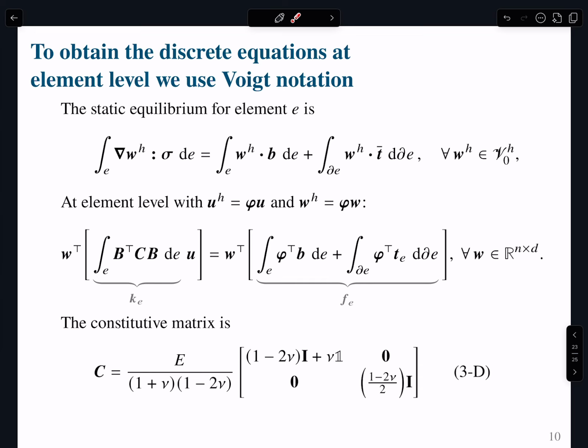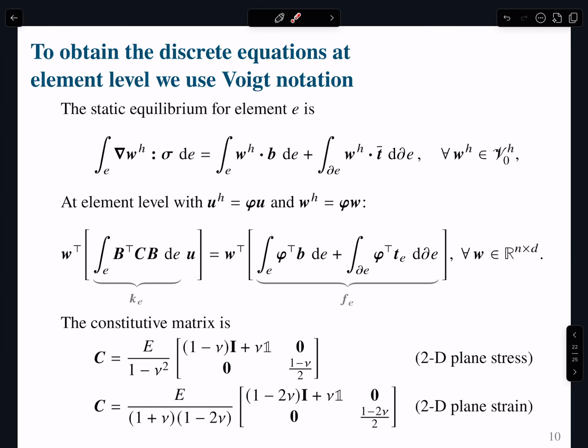So somehow I have to multiply. I'm in 2D, so I'm basically dealing with these matrices. In this particular case, they are 3 by 3. 4 by 4 in the code, but here, 3 by 3. So somehow I have to multiply B transpose C B so that I get a 6 by 6 matrix. If this is 3 by 3, then B transpose has to be of which size? 6 by 3.